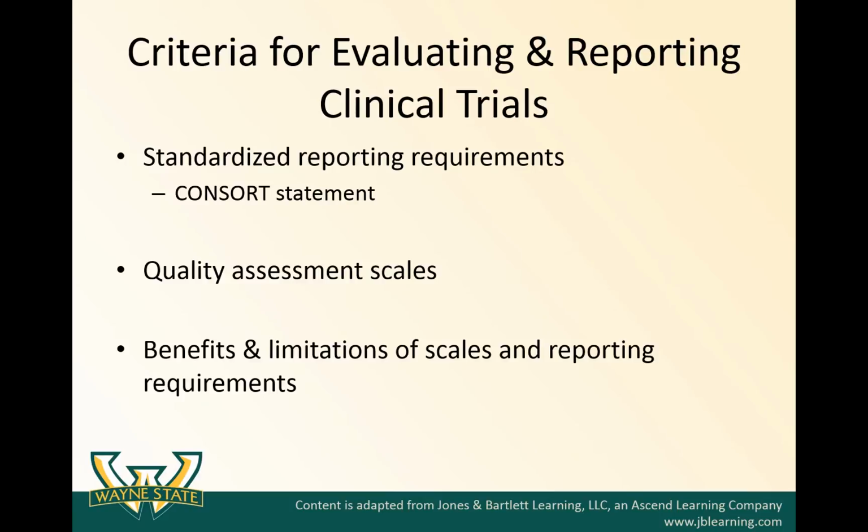There are different types of quality assessment scales, which have been covered also in your textbook. And then there are also different benefits and limitations of the scales and reporting requirements. They all vary in what they include and how they rate things and the number of points you might get for a particular scale. So it's important to keep that in mind.